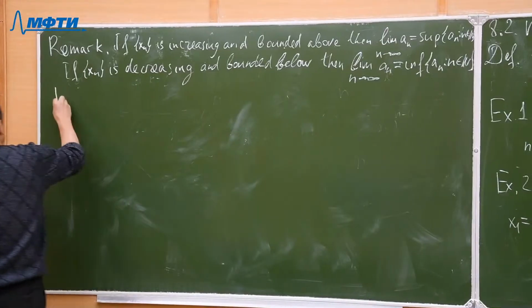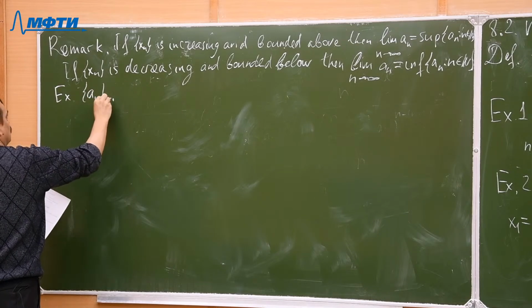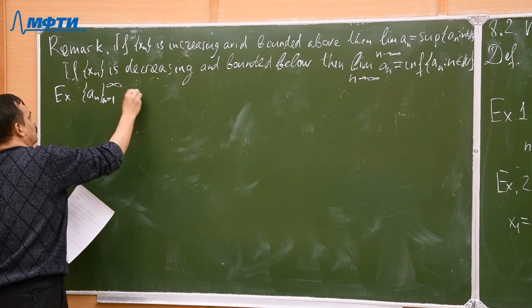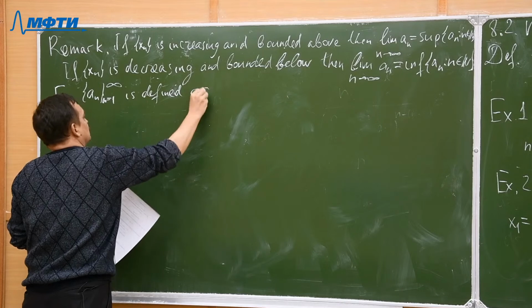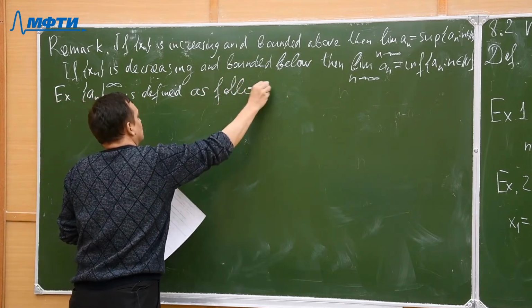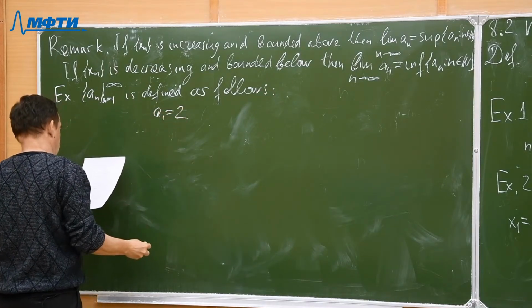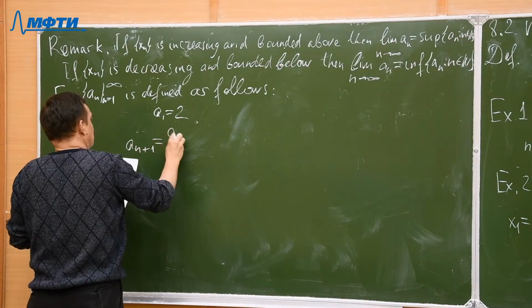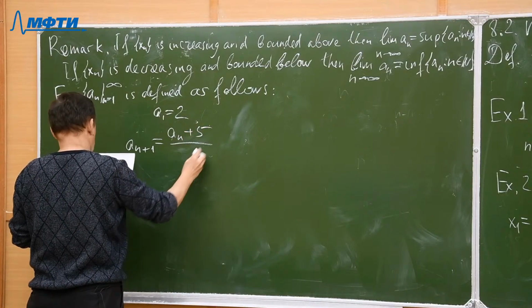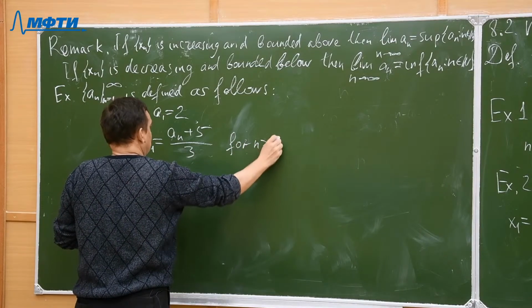So example: xn is defined as follows. a1 is 2, an plus 1 equals an plus 5 over 3 for n greater or equal 1.